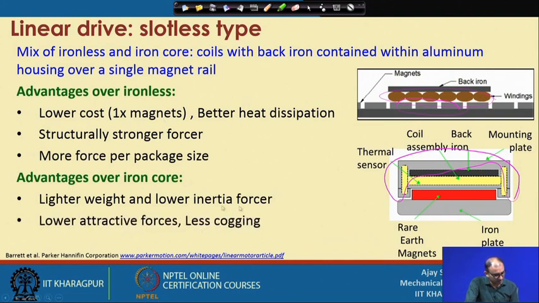And there is no cogging, even though we are using an iron plate here, because the distance between the forcer and the iron plate is large now. In the ironless kind you can completely avoid cogging, but here you will get some cogging, though it is very small compared to the first kind. So, these are the advantages of this slotless with respect to the ironless and the iron core.